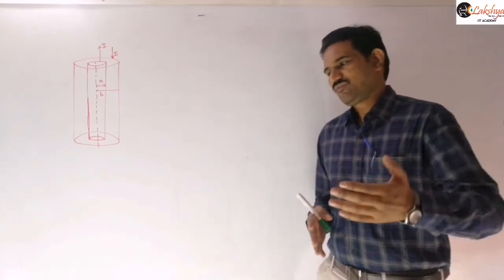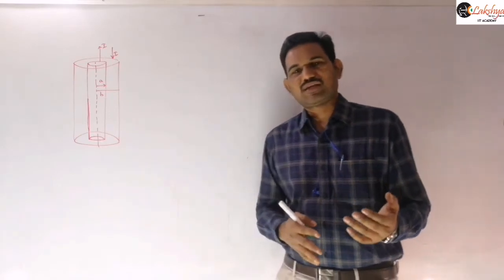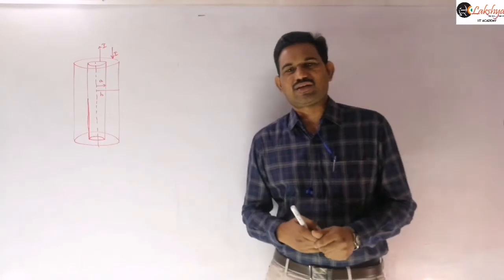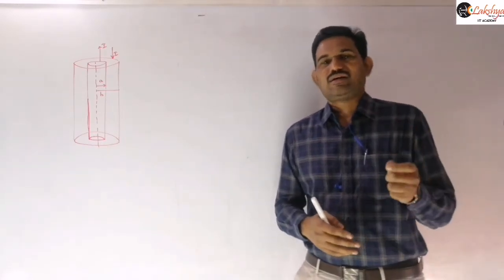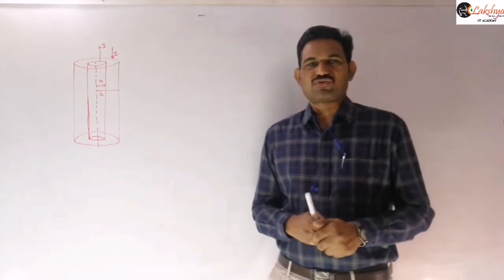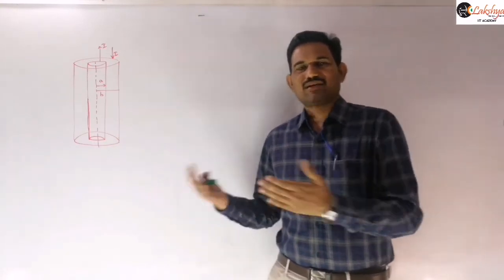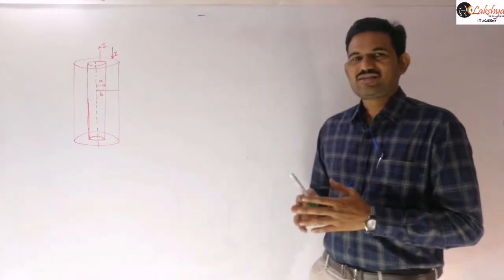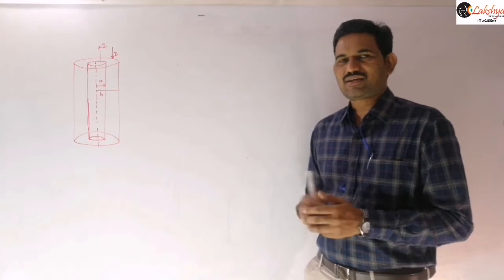In the beginning, when we discussed the magnetic energy stored in the inductor, like half Li square, and the energy density calculations, I said we can derive the inductance with the help of this energy also, right? So now let us see that inductance calculation from the energy. First let us find the energy, and after that I will explain the inductance calculation.